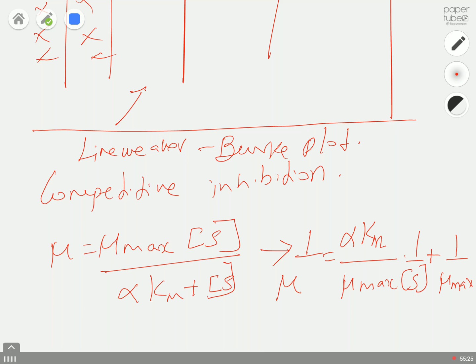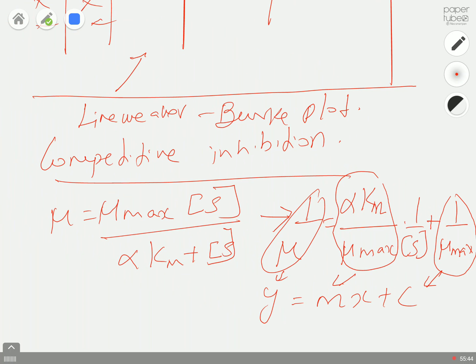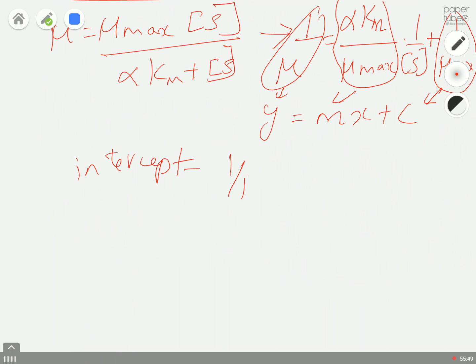So this is like y equals mx plus c. This is your y value, this is your m value, and this is your intercept. So for a competitive inhibitor, your intercept will be equal to 1 by mu max, and your slope will be equal to alpha Km by mu max.